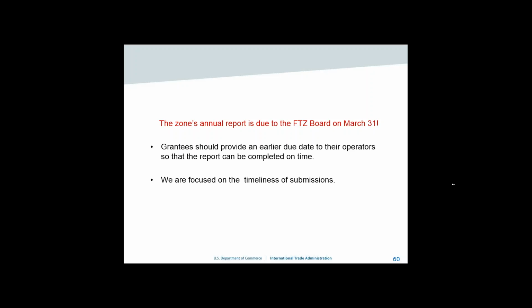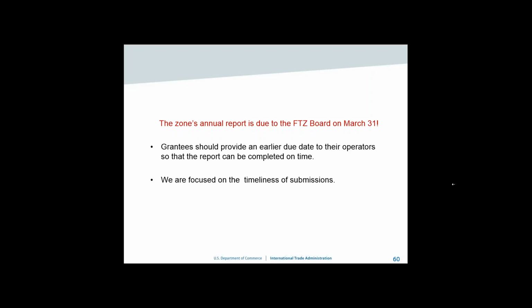But no, that's an excellent point that it should be full-time equivalents, and it should include both direct employment and contract employment. So if most of the employees actually working in the zone are contractors, they're still working in that zone, even if they're not directly employed by your company. So yes, thank you for bringing that up. It should be both direct and contract employees on a full-time equivalent basis.